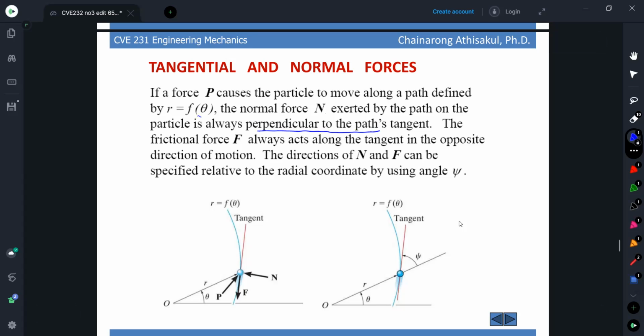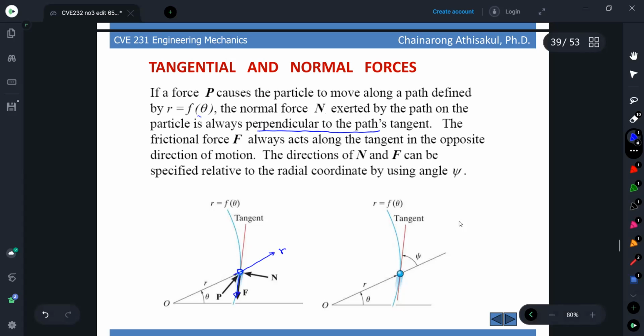So if we consider this particle, r is in this direction. This is the r direction. But the normal may not coincide with r. It is perpendicular to the path.